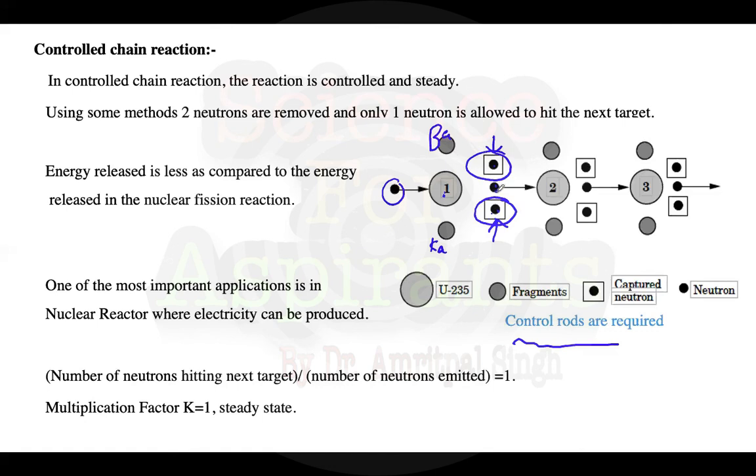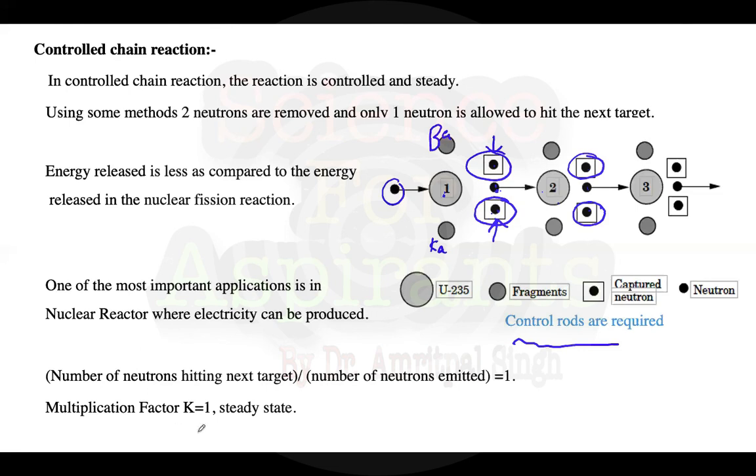Only 1 neutron interacts again with a uranium atom, and again 3 neutrons are formed, and every time these rods absorb the extra neutrons. This is how we can make this nuclear reaction a controlled nuclear reaction.